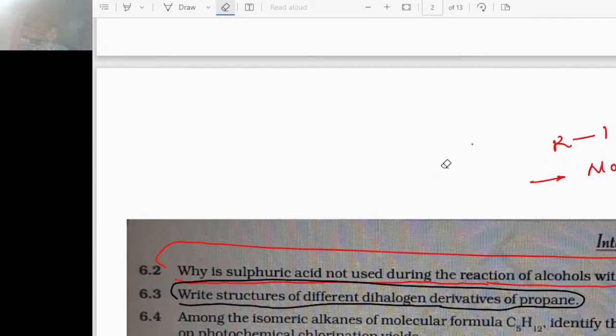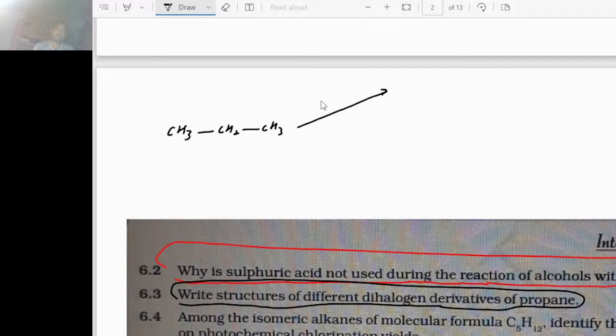Now let us see, student. What is there? Propane. So here is CH3, this is CH2, and this is going to be CH3, right? So firstly what we can do, student, you treat with Cl2 in the presence of light, h nu.